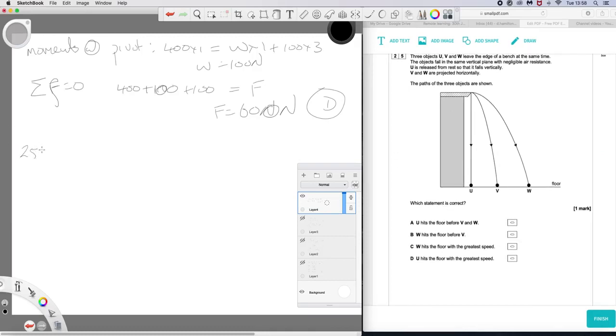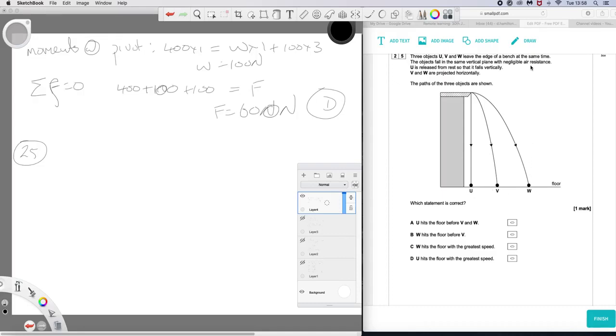25 then. I don't like question 25. 3 objects U, V and W leave the edge of the bench at the same time. We know that the time it will take them to fall will be the same. They will all arrive at the ground at the same time.